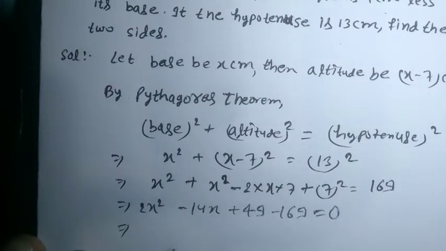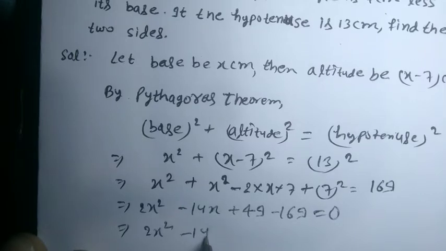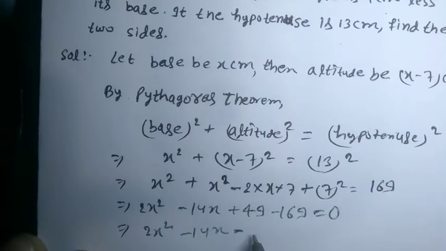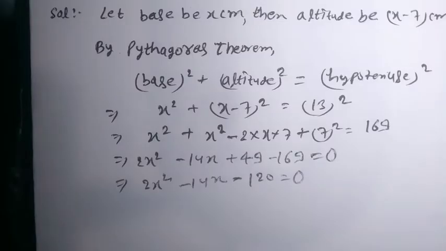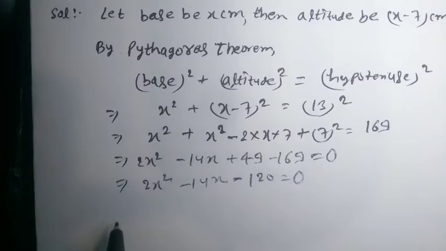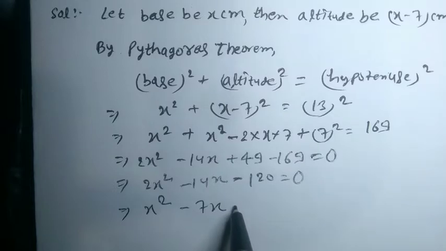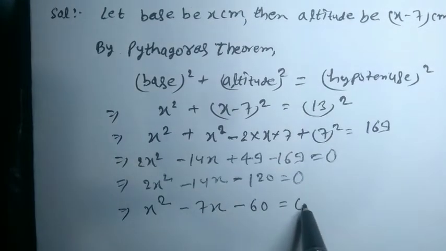Implies 2x square minus 14x minus 120, that is equal to 0. Now this equation is divided by 2, then we get x square minus 7x minus 60, that is equal to 0.